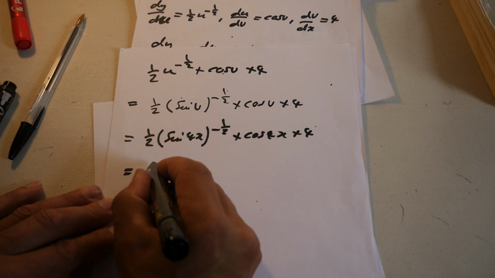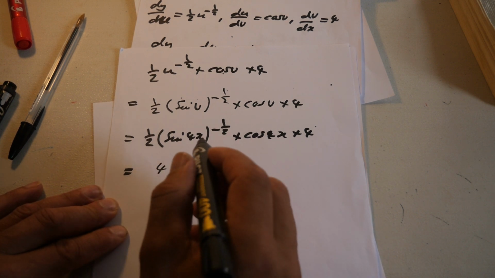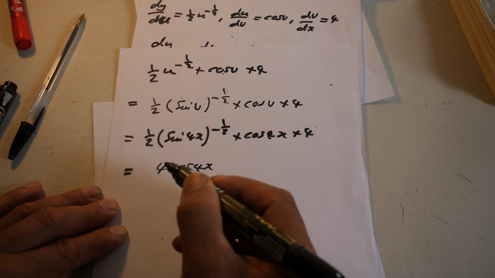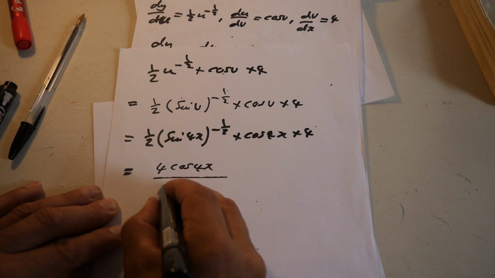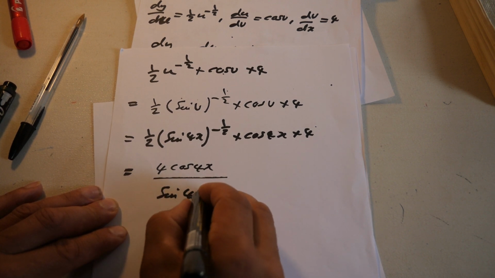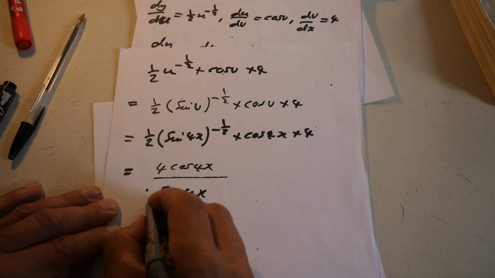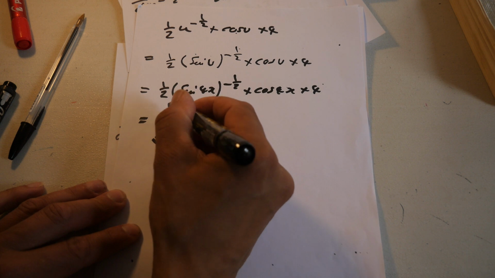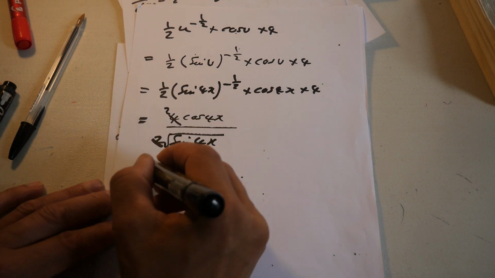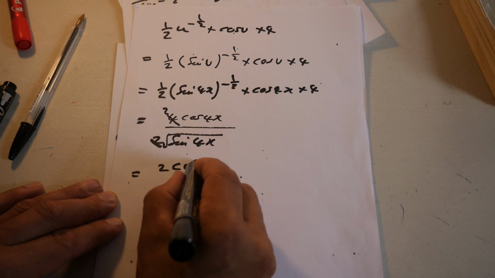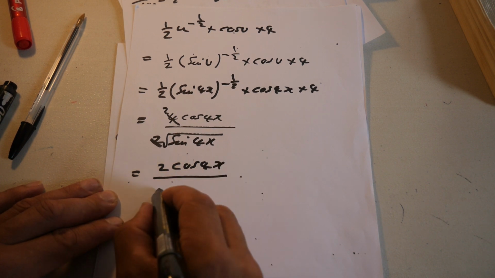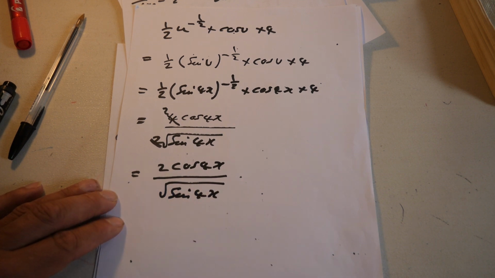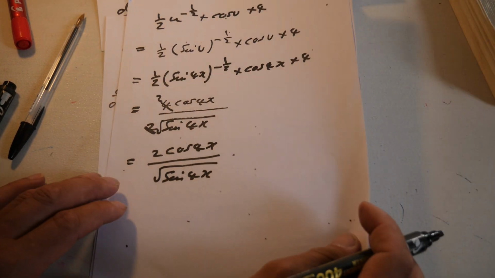So this becomes 4 cos 4x divided by sine 4x root, divided by 2, okay, and that goes in twice, so you end up with 2 cos 4x over the square root of sine 4x, okay, so that's the derivative.